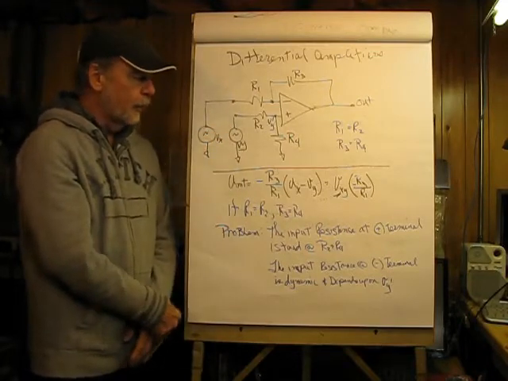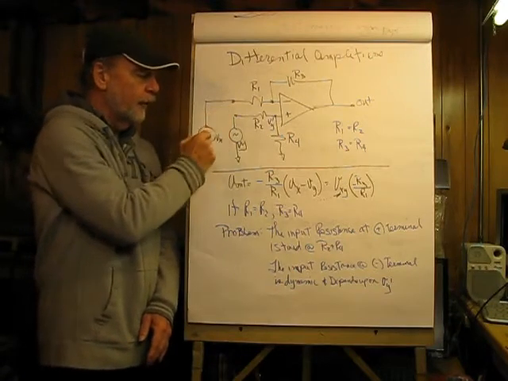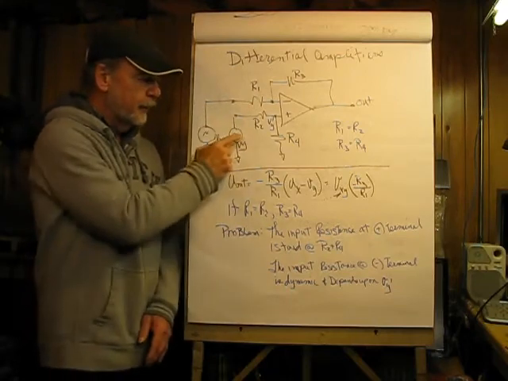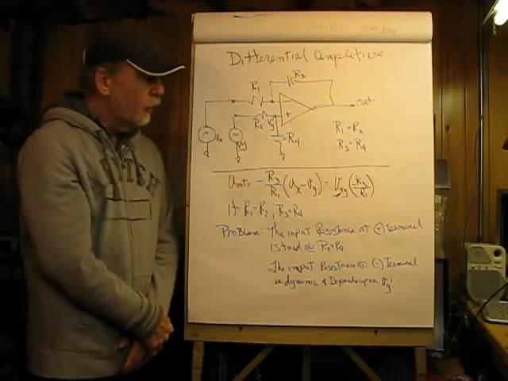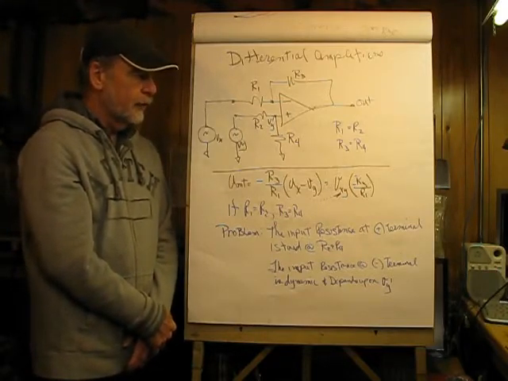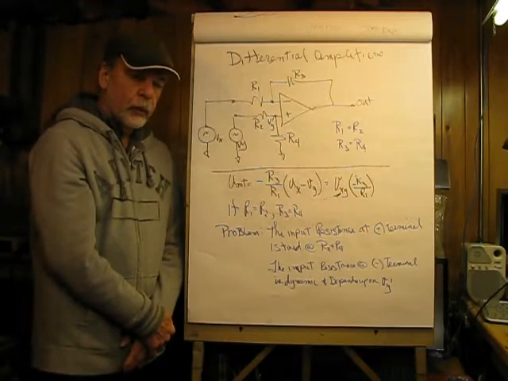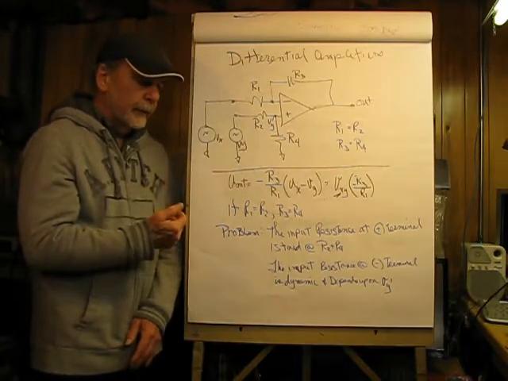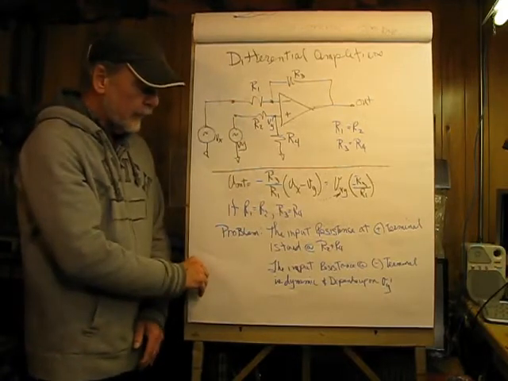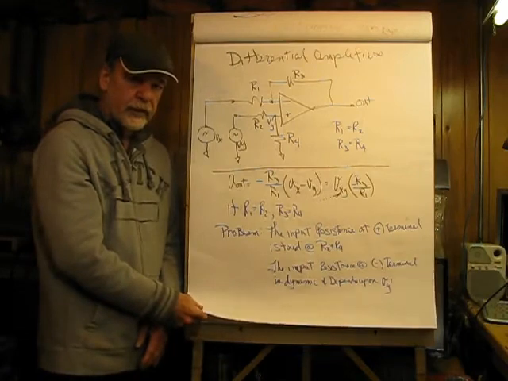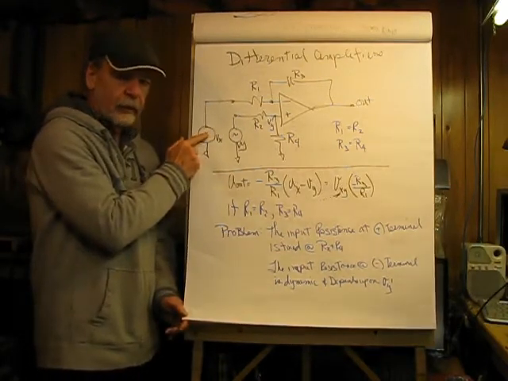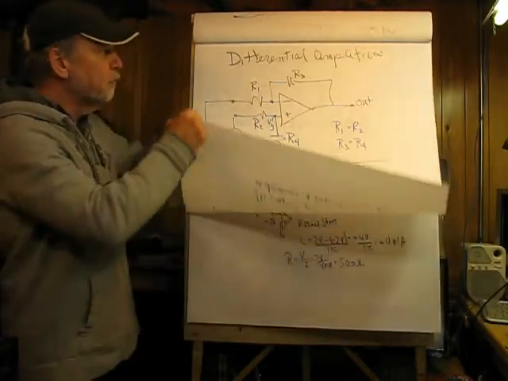If they're not zero, Vx can have a varying drop outside of the resistor depending upon the instantaneous voltage of V prime Y. So the total purpose of a DA in many cases is to amplify the difference between the input and not amplify the common component between the input. And that property, called the common mode rejection ratio, is severely compromised under the situation that we have a real source out here.